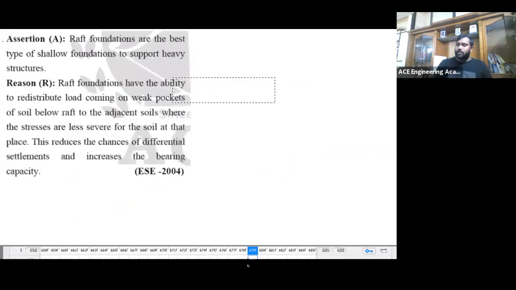Now you see this question. A raft foundation is the best type of shallow foundation to support heavy structures. To support heavy structures, raft foundations are the best, because if the load is getting heavier and heavier, the isolated or combined footings cannot take it. So you have to go for the raft. And one more thing, if you go for the raft, due to those heavy loads, it will prevent the differential settlements.